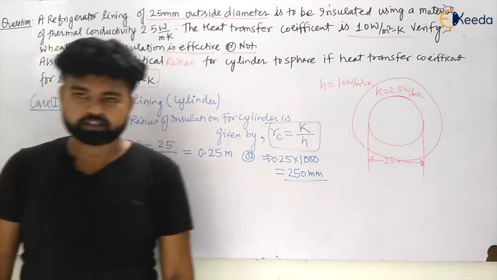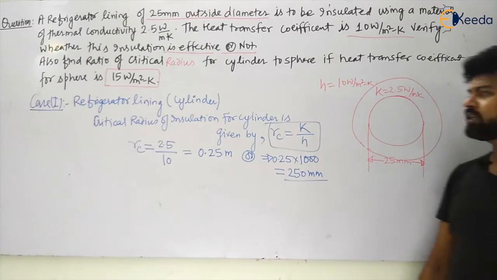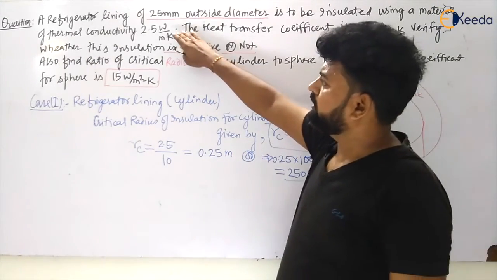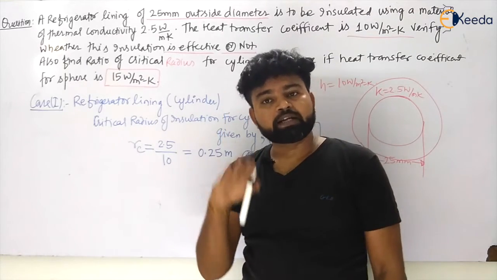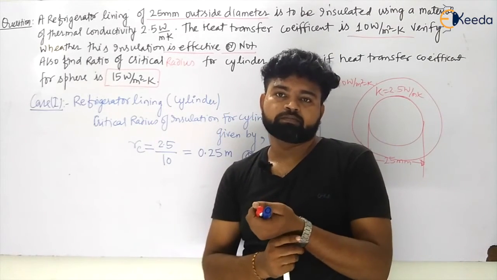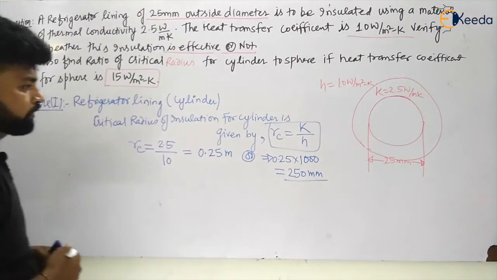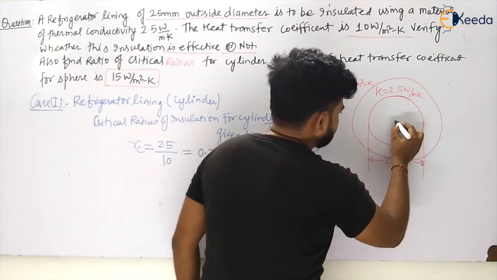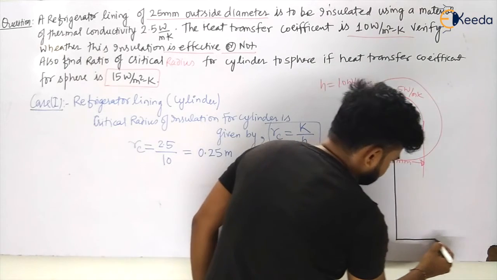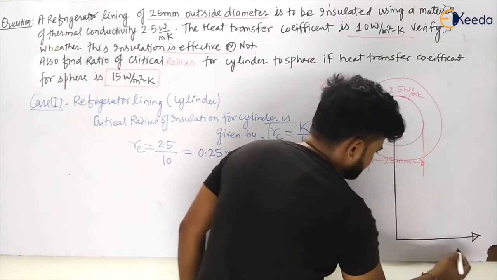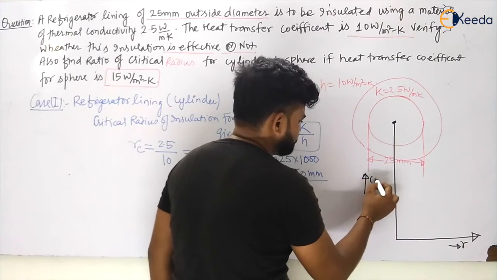So let us observe this case. When I am using this lining, I have to decrease heat transfer, my dear students. Let us see how. Let us say in this direction I am taking R, and in this direction there is heat transfer.